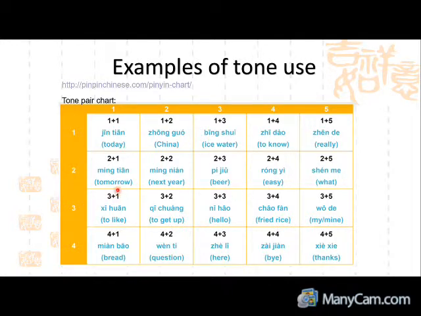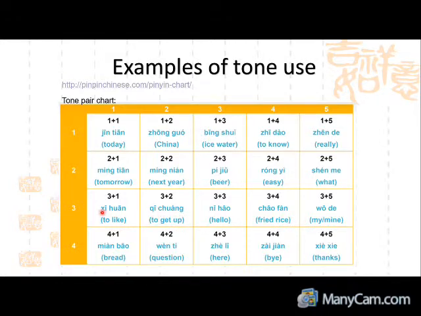Tone 3 and 1 together makes 喜欢, as in to like something. And to get up is an example of tone 3 and tone 2, which is 起床.